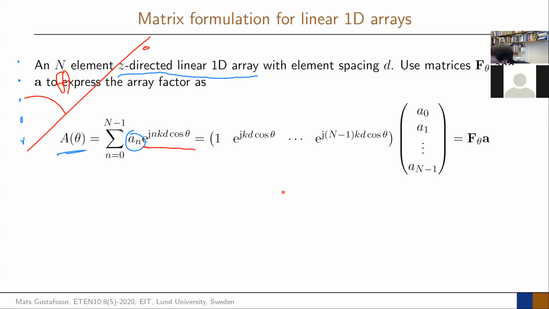Instead of writing a sum, I can write this as a product between two matrices or two vectors, depending on how we would like to see that. I call those f of theta times the excitation coefficients A. I collect all of these elements into this boldface A. So that is a vector or a matrix, depending on how you would like to see that, of these coefficients.